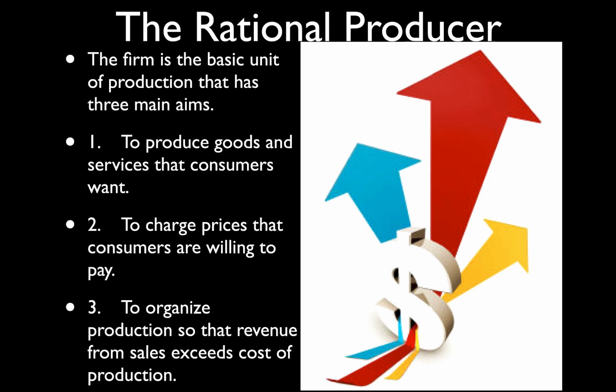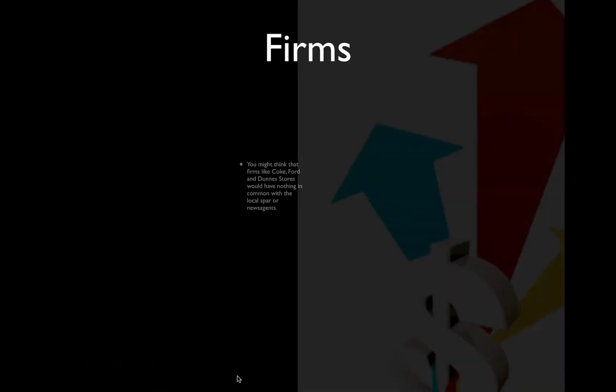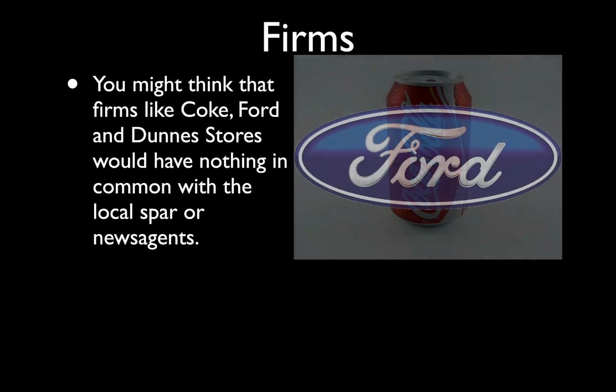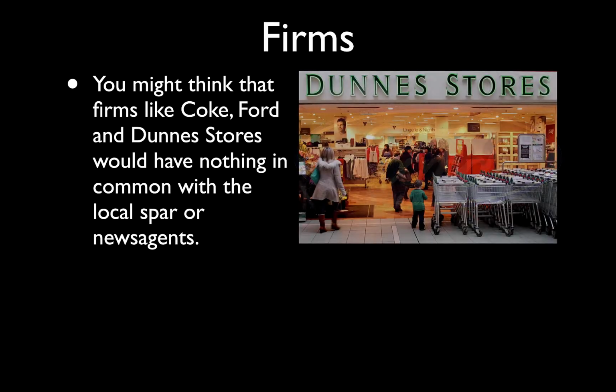Well, one absolute cracking way of making a profit, one way to organize production so the revenue from sales exceeds cost of production, is to reduce your costs. The first thing we need to think of, and I'm Irish, so there are some references to Irish firms in here, but I'll explain them as we go. You might think that companies like Coke, Ford Motor Company, or Dunnes Stores, which is like your Walmart or your Target, would have nothing in common with a local shop.